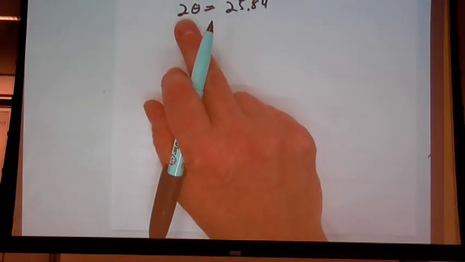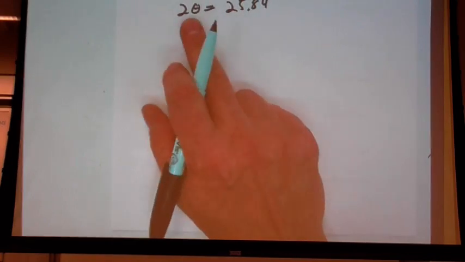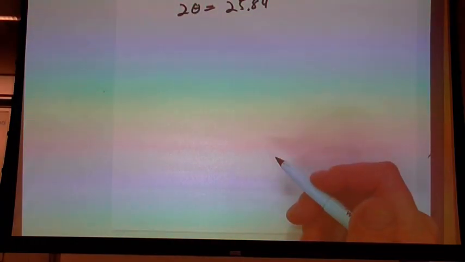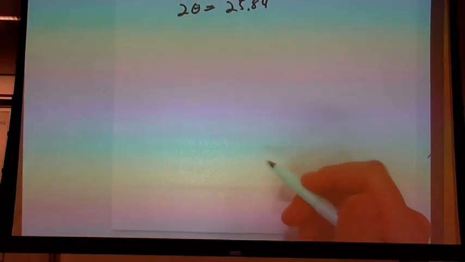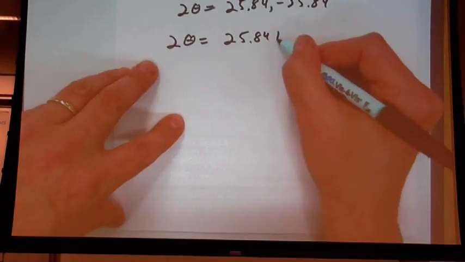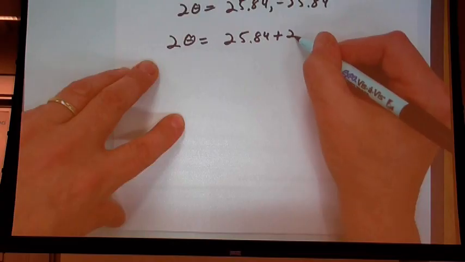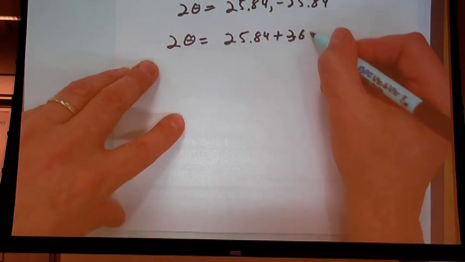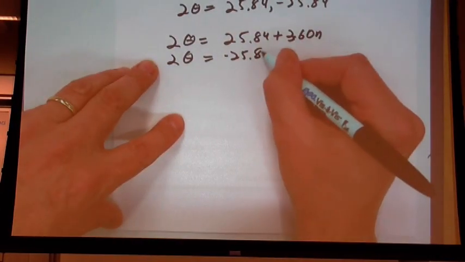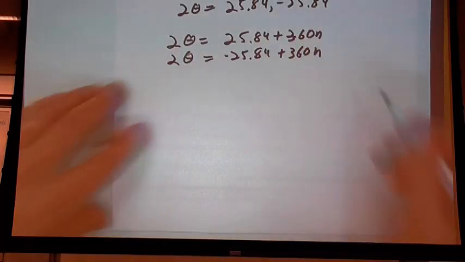But if the cosine of 25.84 is 0.9, what other value is there in the 4th quadrant? Minus 25.84. So what we want to look at is 2 theta equals 25.84 plus 360 n, and 2 theta equals negative 25.84 plus 360 n.